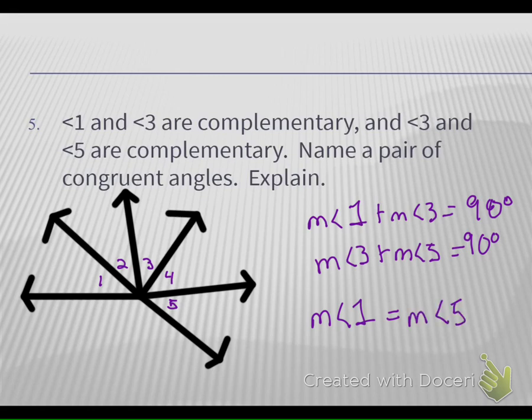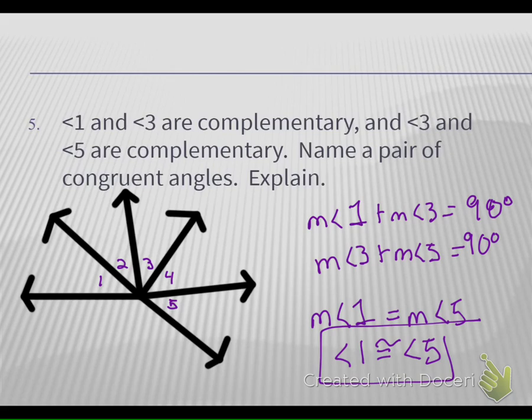And we knew this based on our theorem. I'll flip back to make sure I read it to you correctly. But we have, if two angles are complementary to the same angle, then they are congruent. So that was the congruence complements theorem. And so therefore we can say that angle 1 is congruent to angle 5.